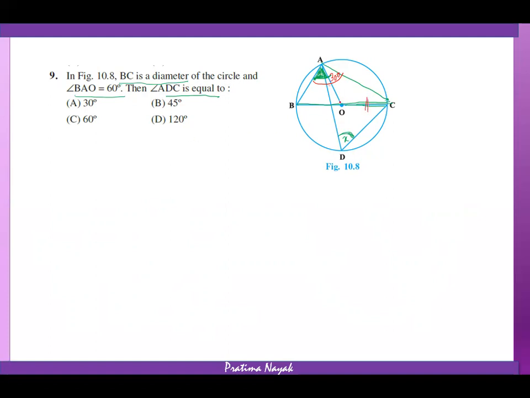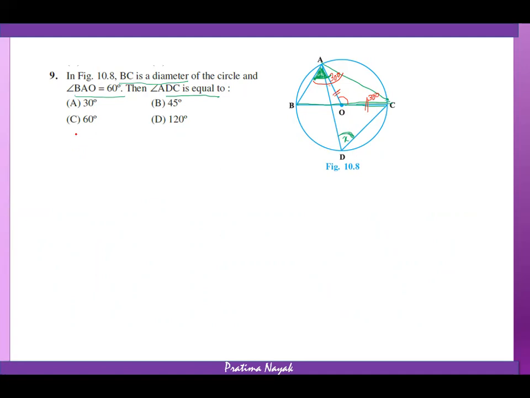OA is always equal to OC because they are radii. If OAC is 30, certainly OCA will be 30. Then we can get this angle. And what is x? x will be half of AOC.